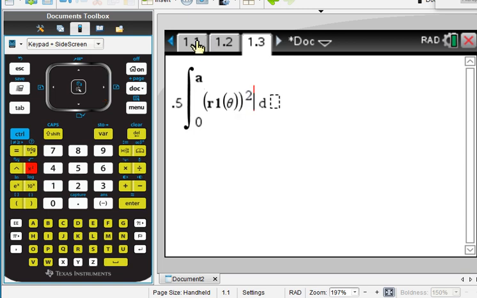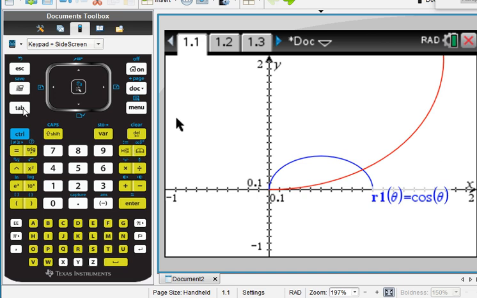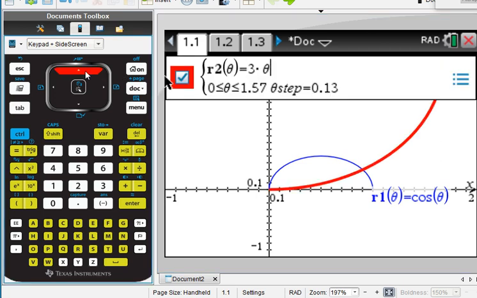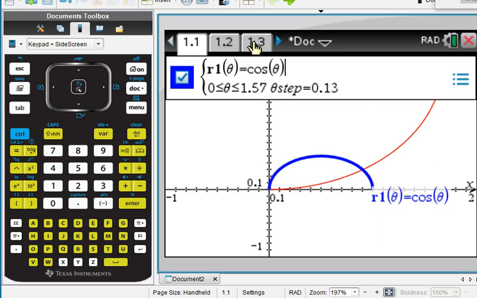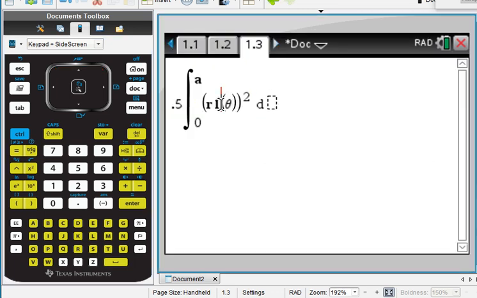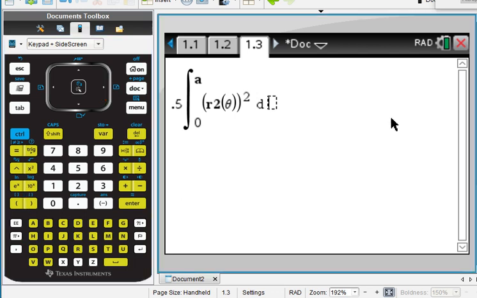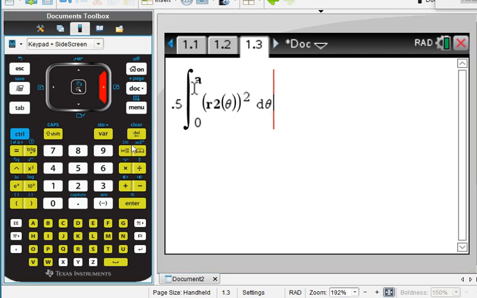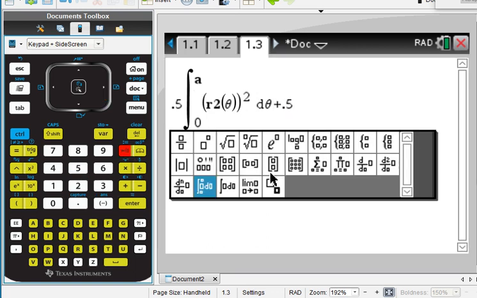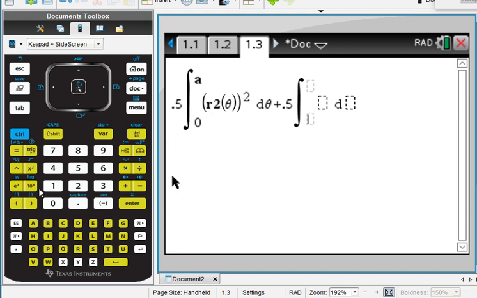And if we go back here, remember our R1. Oops, our R1 was cosine actually. So this would be R2. 2 theta squared d theta. And then plus 0.5 integral from a to pi over 2.